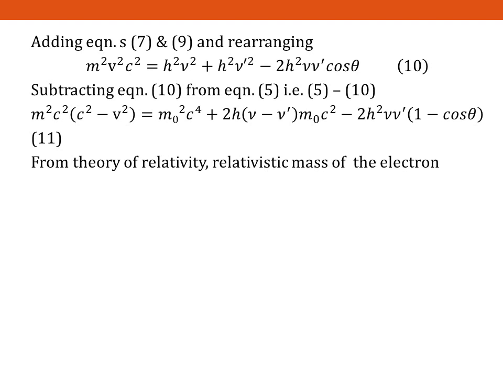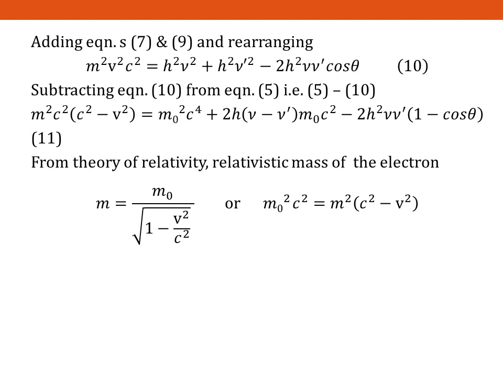Using the theory of relativity and especially the relativistic mass of the electron, we have m = m₀ divided by the square root of 1 − v²/c². We square either side of this equation, we take the LCM and do a small cross multiplication to obtain m₀²c² = m²(c² − v²).